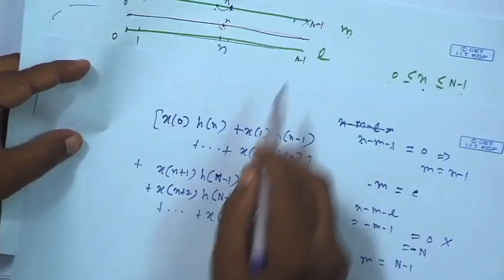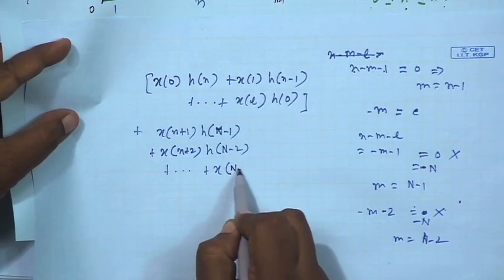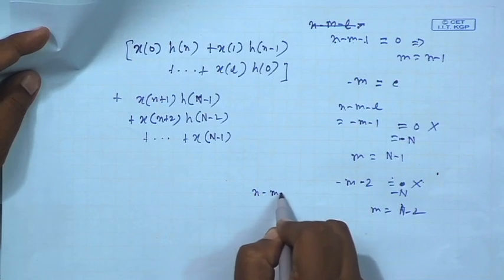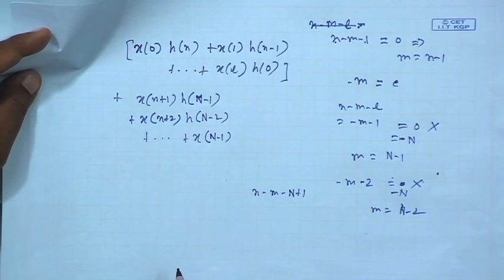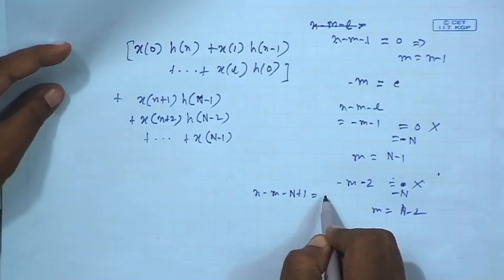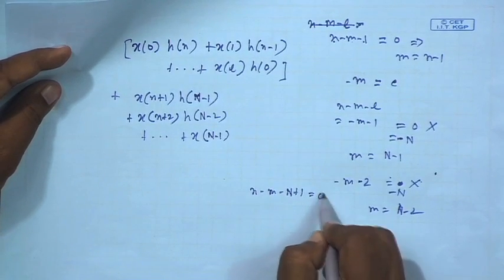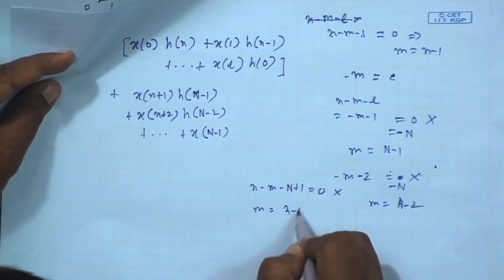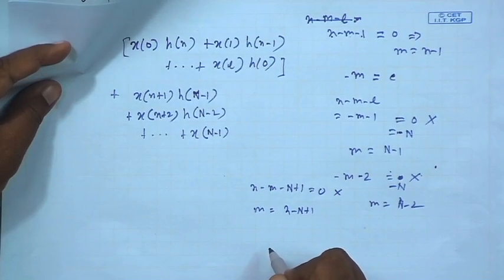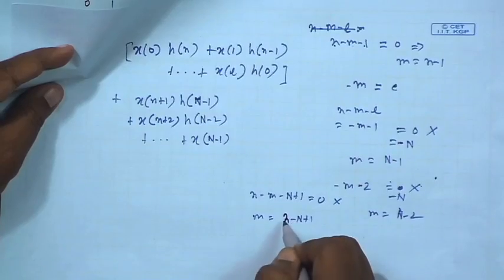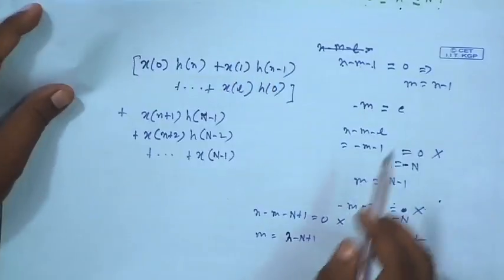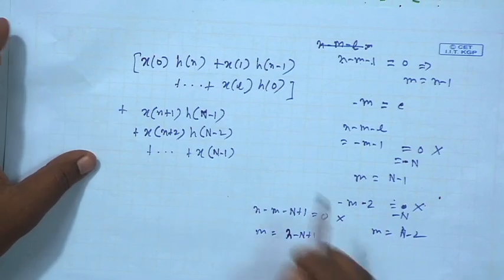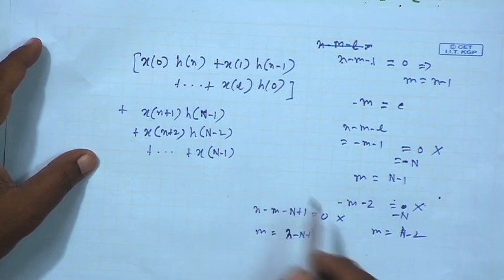finally when we are here, L is n minus 1. So, n minus m minus capital N plus 1. If it is 0, not possible, because then m will be n minus capital N plus 1, that is outside the range.